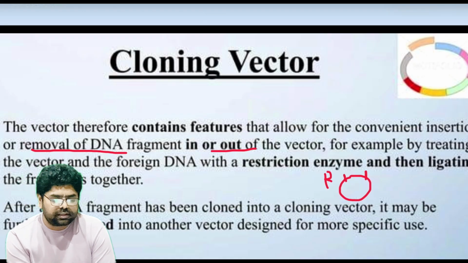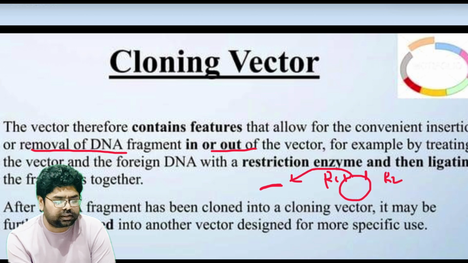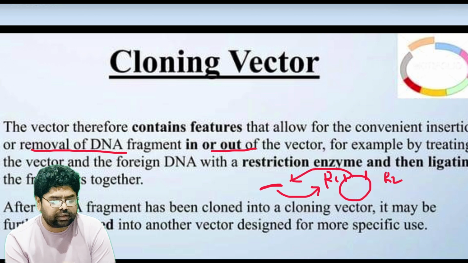A vector has features that allow the convenient insertion or removal of DNA fragments in and out of the vector. Suppose this is a vector and you cut it with particular restriction enzymes, R1 and R2, and this is the gene of interest.